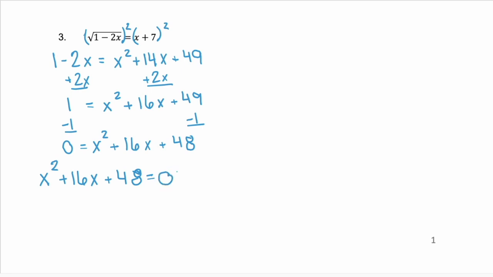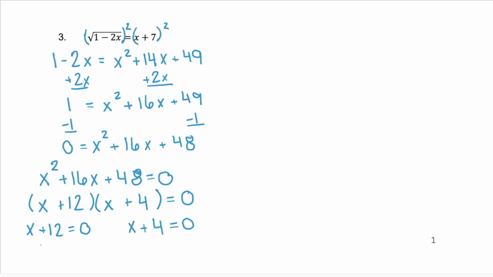Well, we need to factor this polynomial in order to solve for x. There's no leading coefficient on the x squared, so we know we're just going to have two binomials. So the two numbers that multiply to 48 but add to 16 would be a positive 12 and a positive 4. So we have possible answers of x plus 12 equals 0, x plus 4 equals 0.